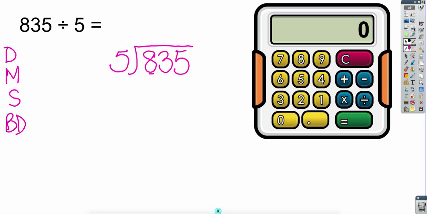So I'm going to do my skip counting. 5, 10. But 10 already passes 8. So it doesn't go in 2 times. It goes in once. So 5 goes into 8 once.